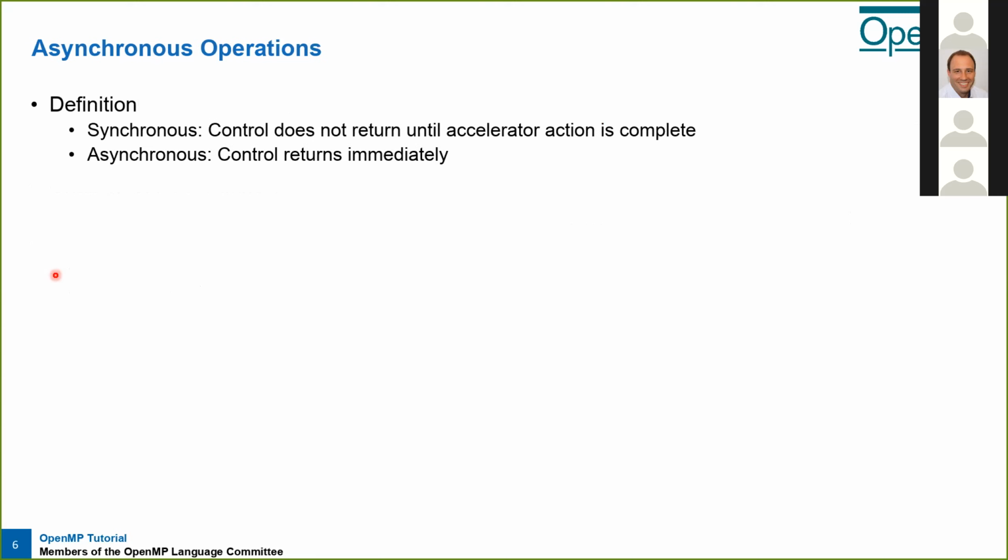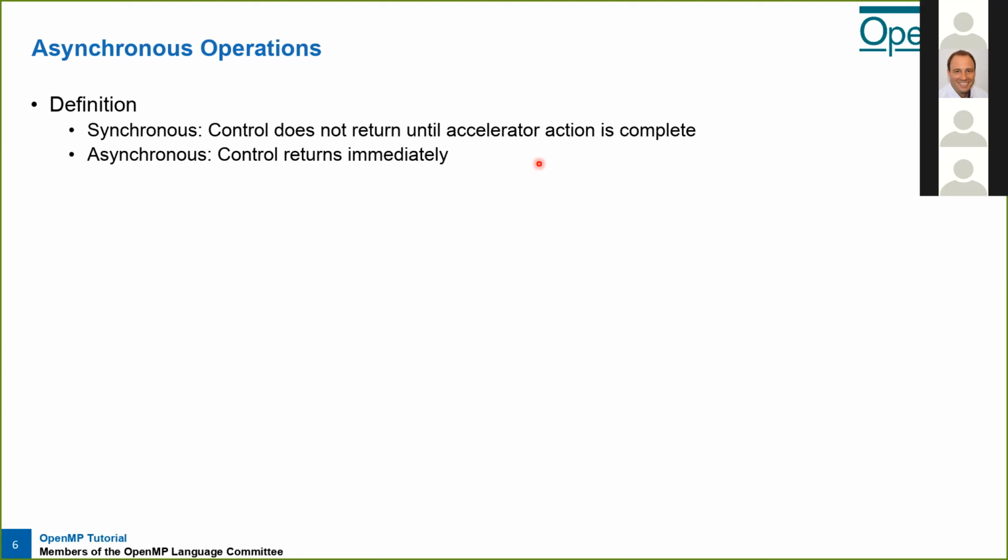If you think about partitioning the work between the host and the device and executing both, there are a couple of tunables in terms of the offloading process that you could try to exploit. So remember that in asynchronous launching or data transfer, the control returns immediately to the host.